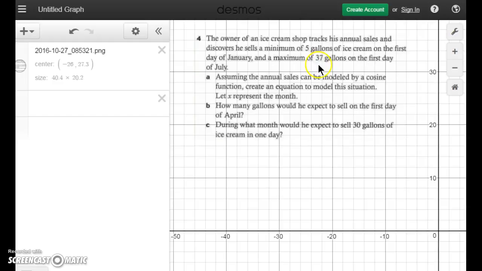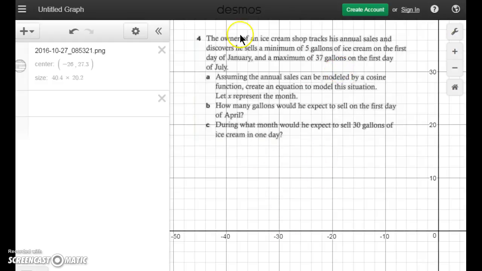Minimum January, maximum 37 on July. For part A, they want us to come up with an equation that can be used to model the ice cream sales.